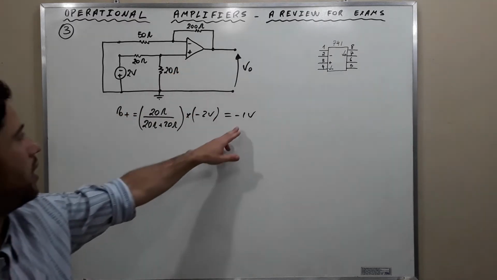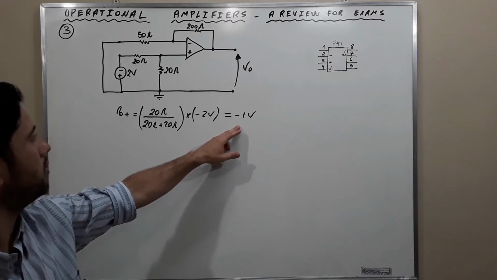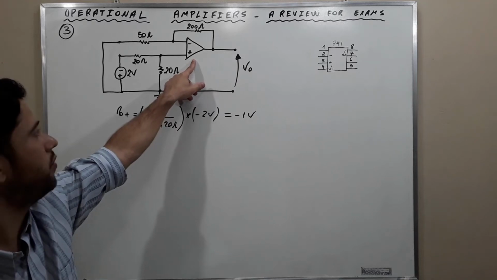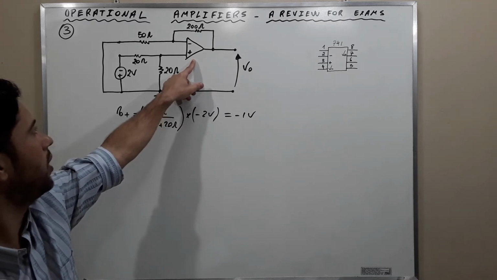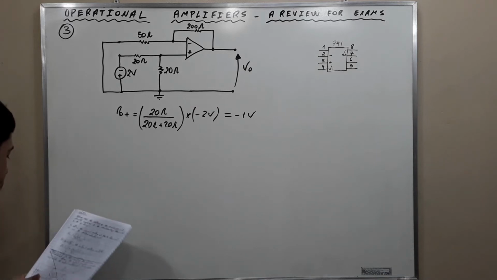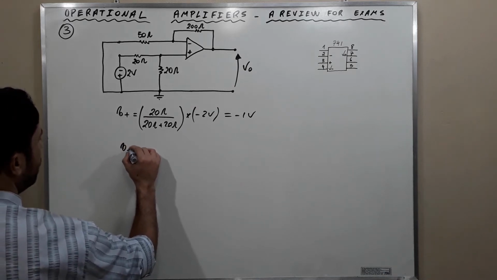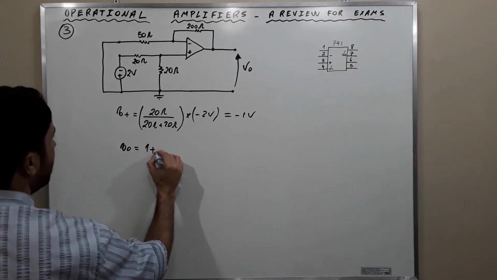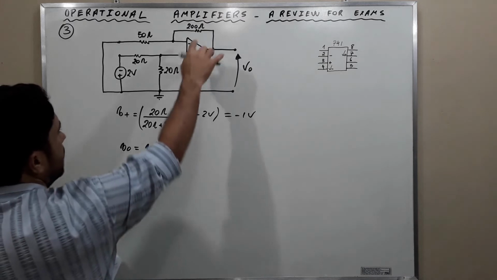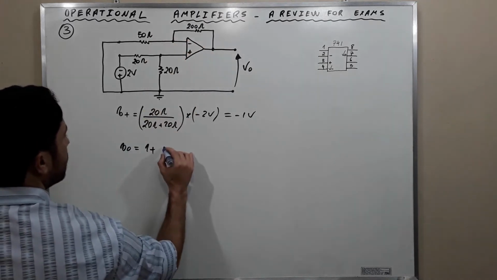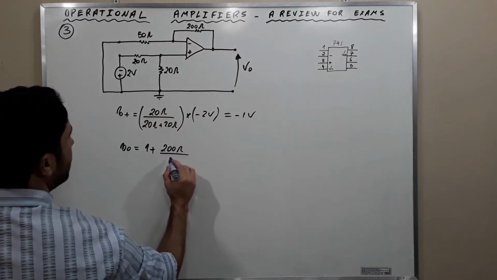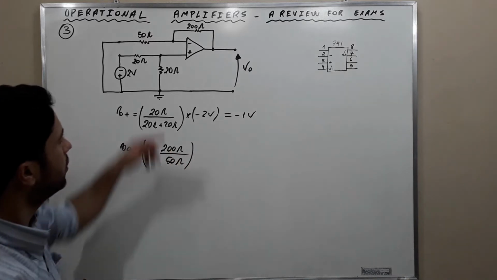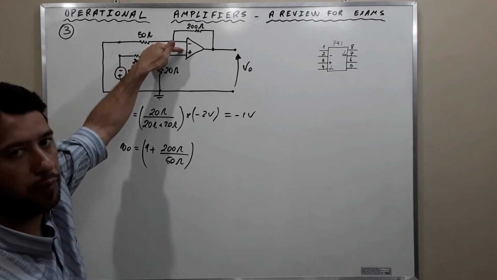Now that we already have this, we can calculate VO. And remember that we are dealing with the non-inverting configuration. Okay? And then VO is going to be 1 plus this divided by this, 200 ohms divided by 50 ohms, times the signal applied here.